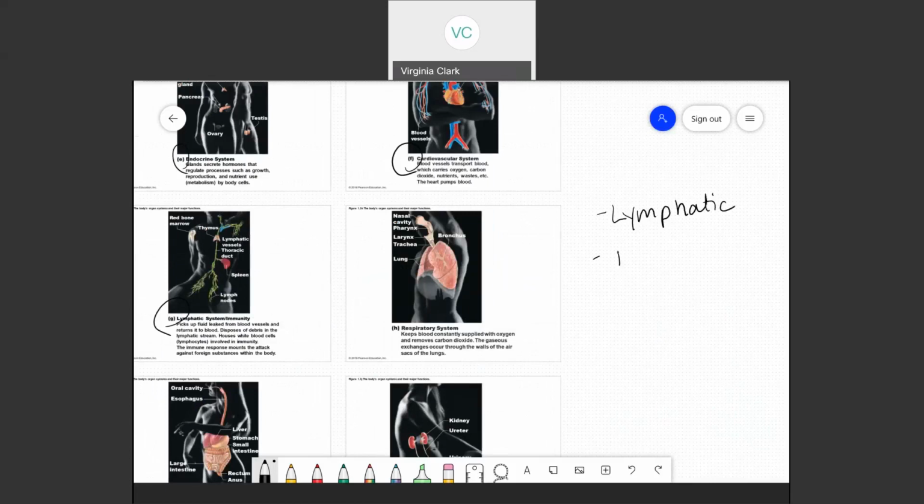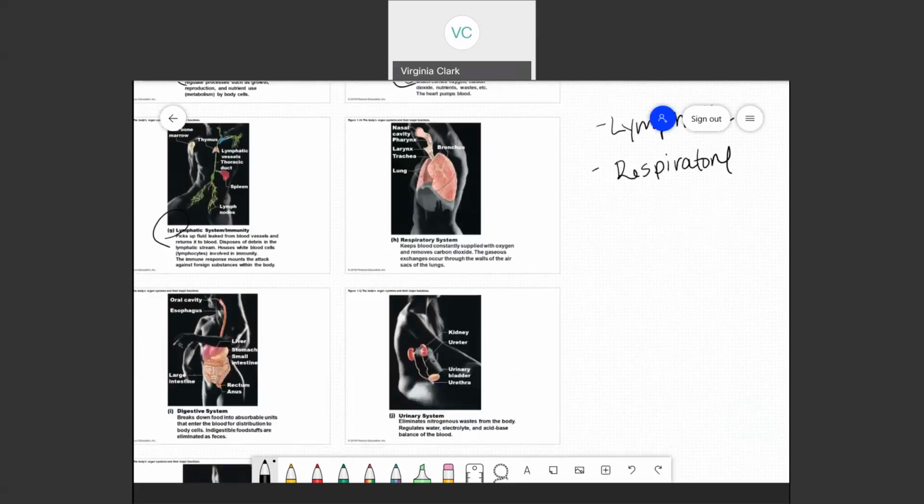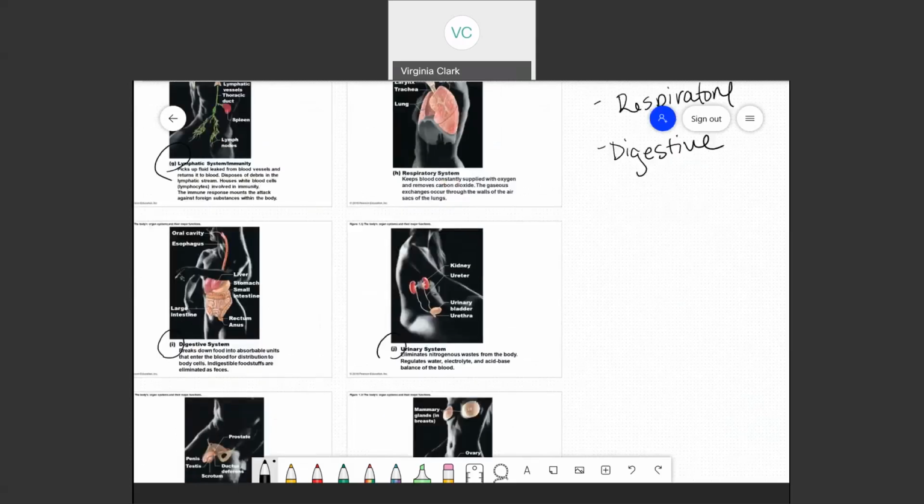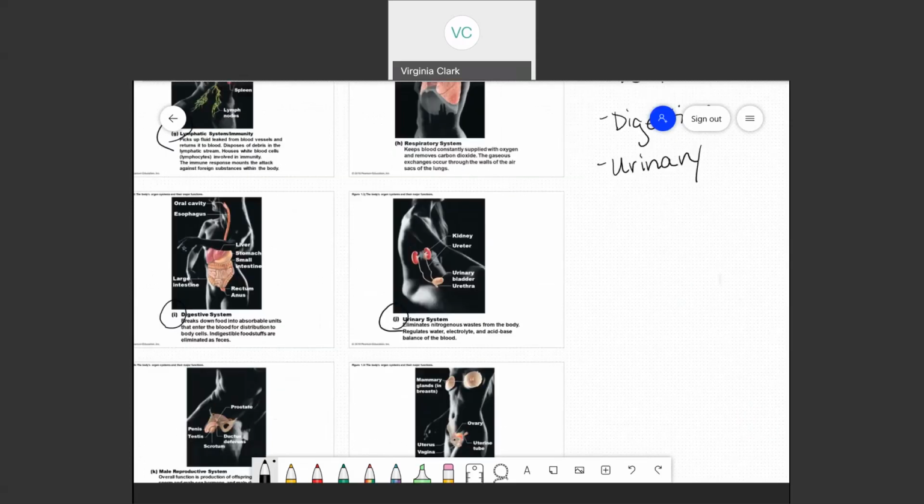Then you're going to cover your respiratory system, your breathing, and how that connects to your cardiovascular system. Then you're going to talk about your digestive system, being able to break down your nutrients and get rid of wastes, solid wastes. Then you're going to have your urinary system, which is the removal of liquid wastes. Then you're going to have a little bit of a breakdown because this is where it switches gears.